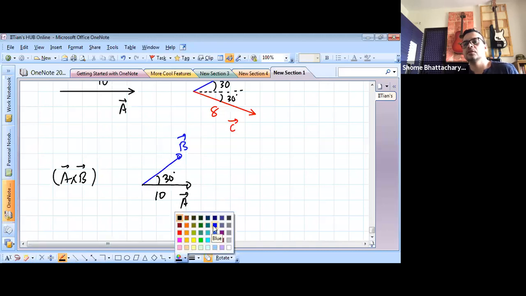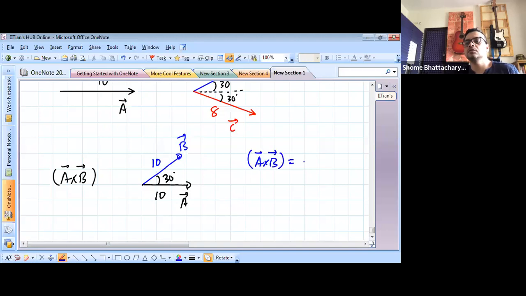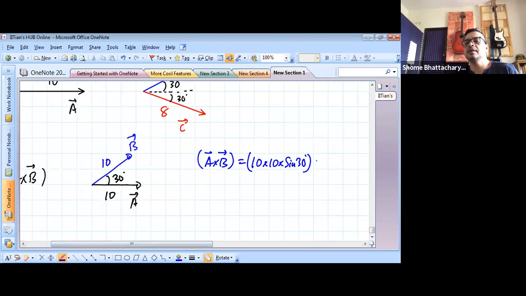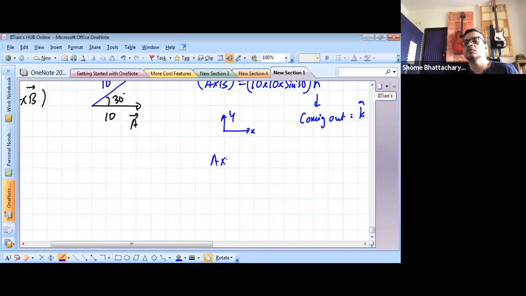Okay. So what will its direction be? Coming out of the plane. So A cross B will be 10 into sine 30 n cap. The n cap is coming out. So if I take this as my x and y axis, then it will become k cap. So A cross B, how much will it be? It will become 100 into half, so that is 50 k cap.